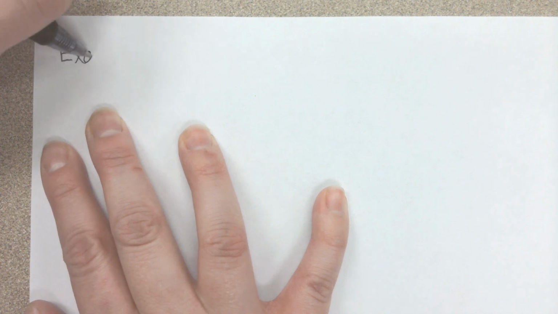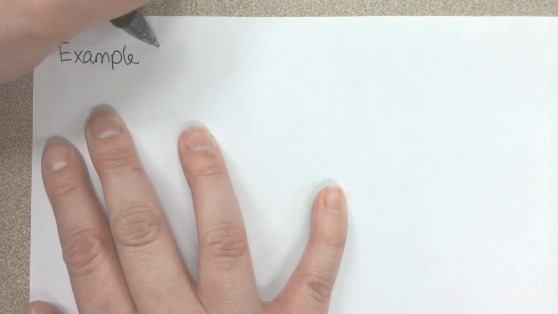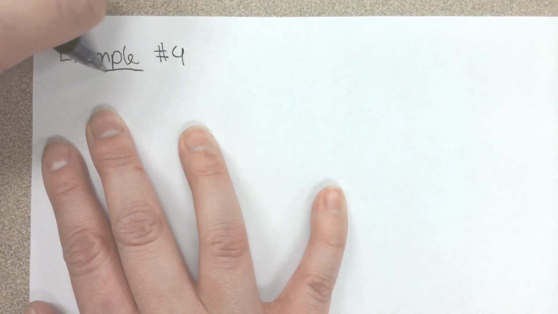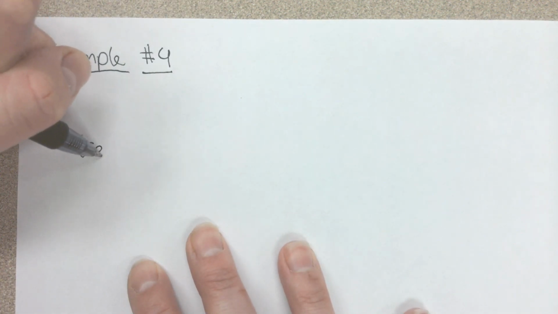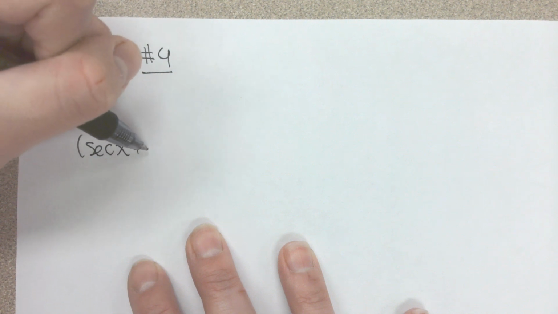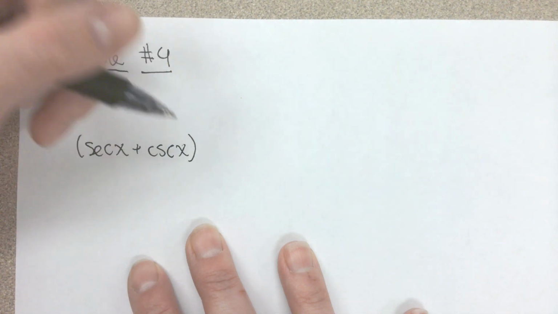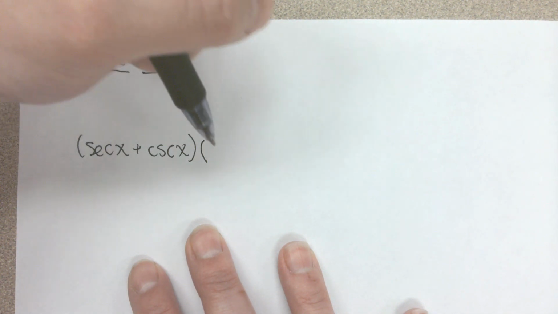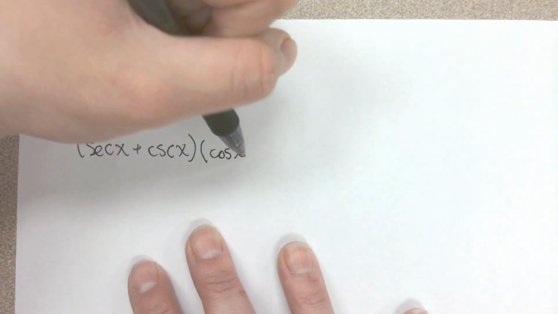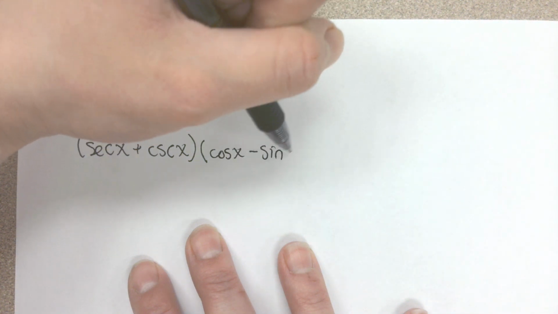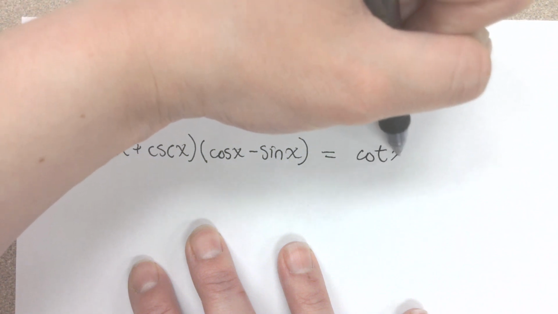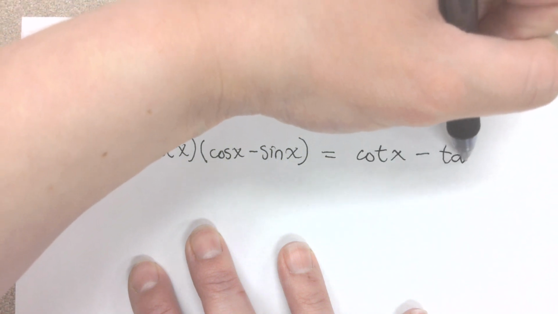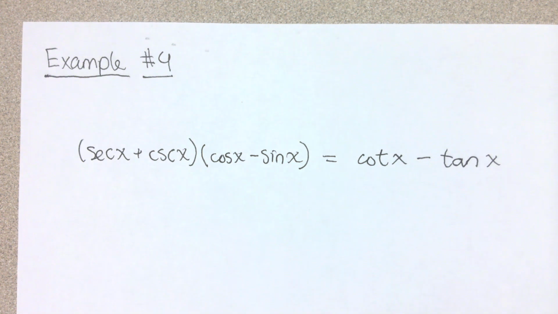Example 4. Secant x plus cosecant x times cosine of x minus sine of x equals cotangent of x minus tangent of x.